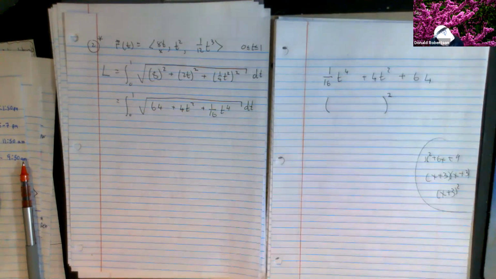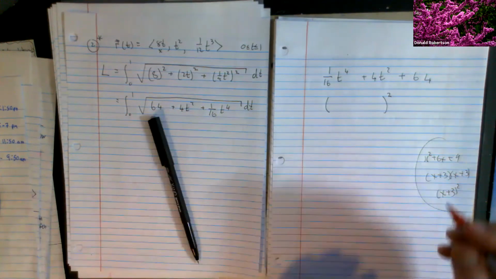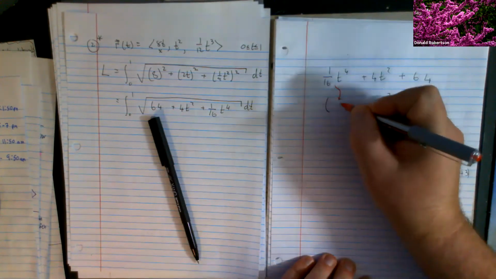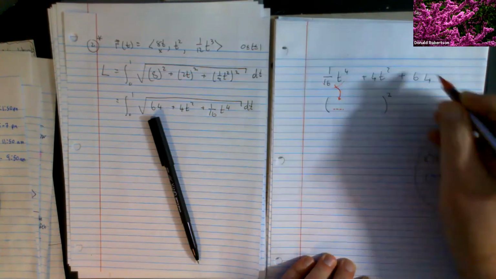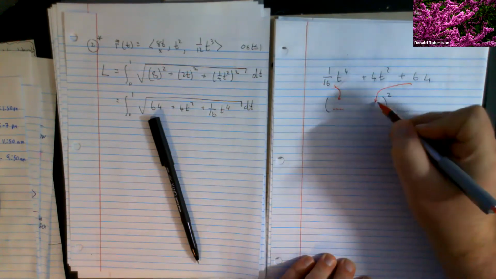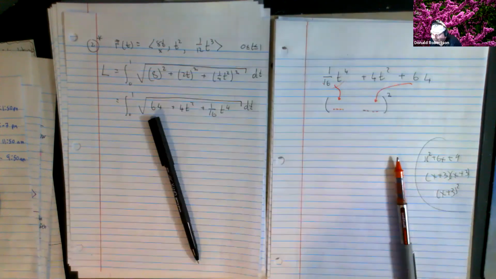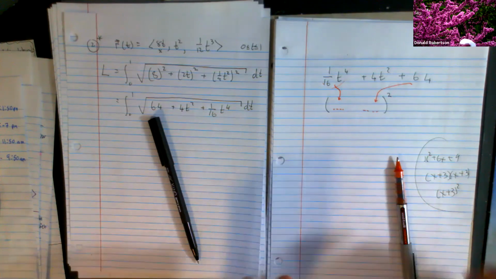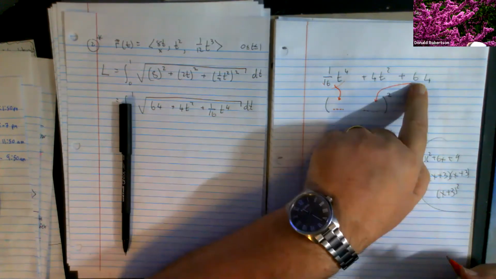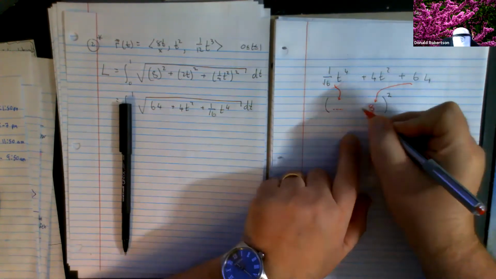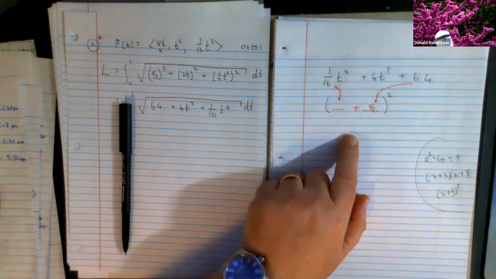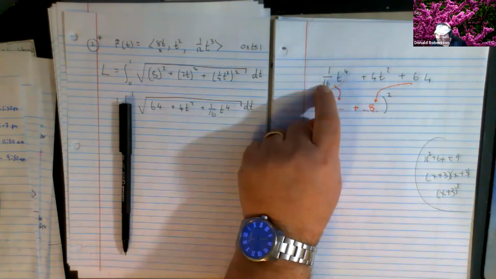And I'm going to show you a little trick. The guy that goes here comes from him. And the guy that goes here comes from him. And the guy in the middle, you don't need to worry about because he'll sort himself out. So that's 64. You're going to get 8. That's 1/16 of t to the 4.